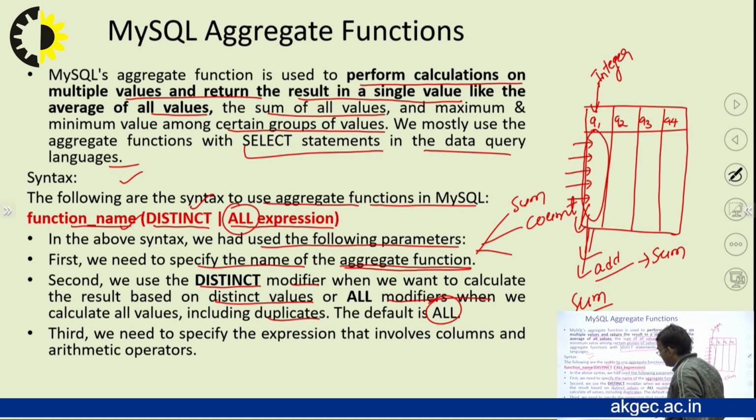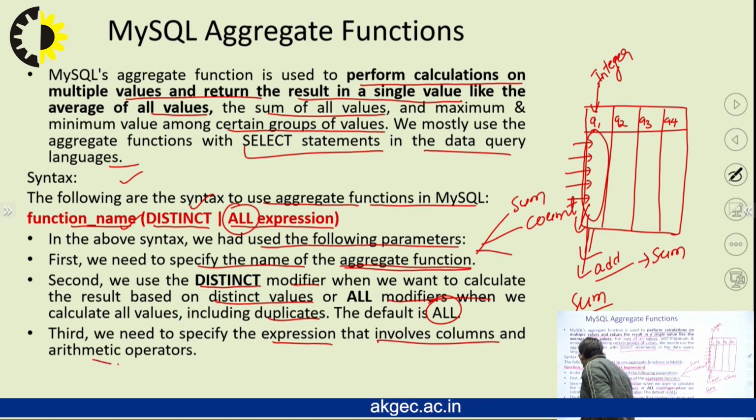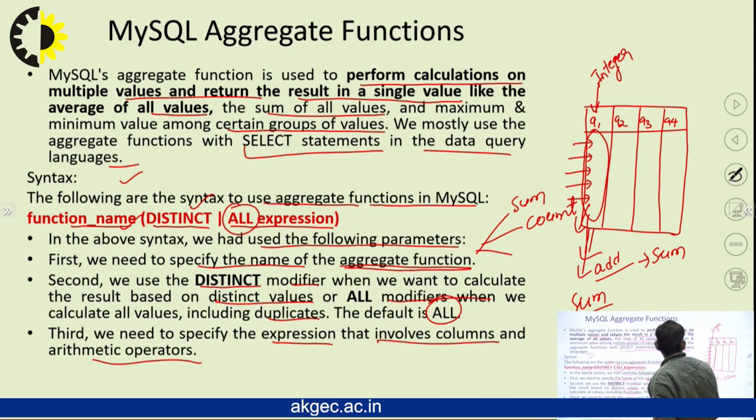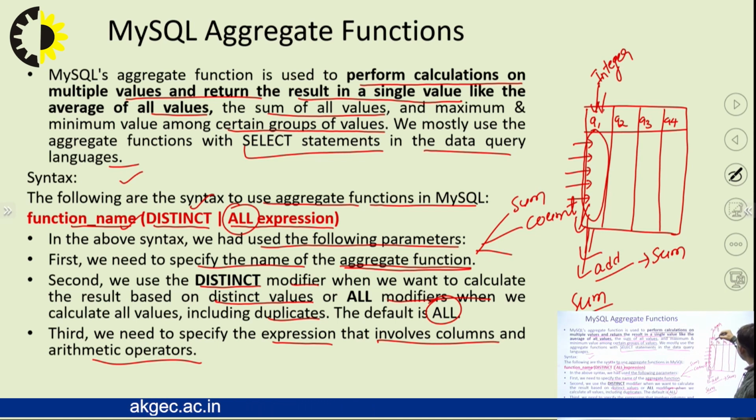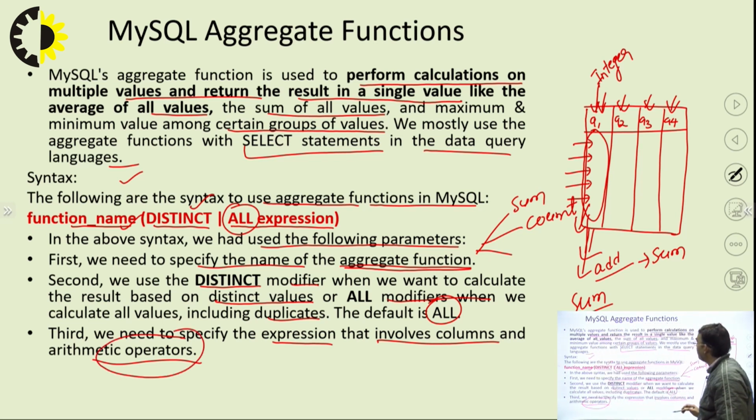And third parameter, we need to specify an expression that involves columns and arithmetic operations. It means we specify which column we are using, A1, A2, A3, and which arithmetic operator we are using. That is all about the MySQL aggregate function syntax.